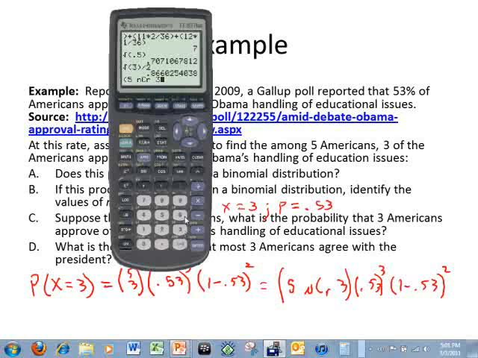So 5 choose 3. 0.53 cubed, 1 minus 0.53 squared. Enter. So about 0.329.